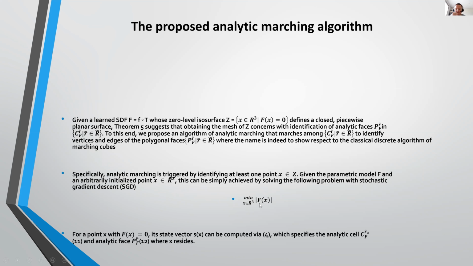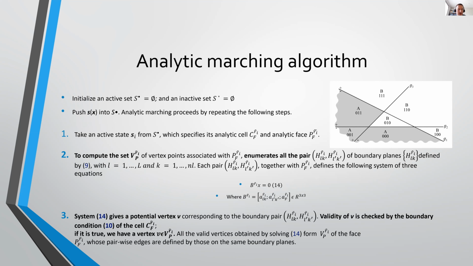I mean, this whole slide is worth talking about, but I don't know how to present it concisely. But we've talked about most of these concepts. Z is the isosurface, C is the cells, P are the faces, F is the signed distance function. And basically you need to be aware of all these concepts before you can talk about the algorithm.